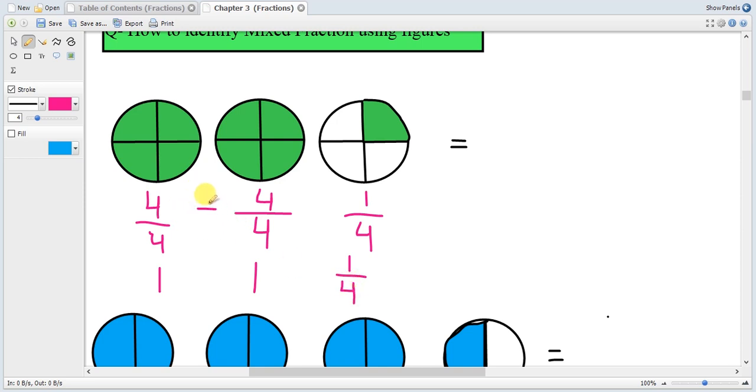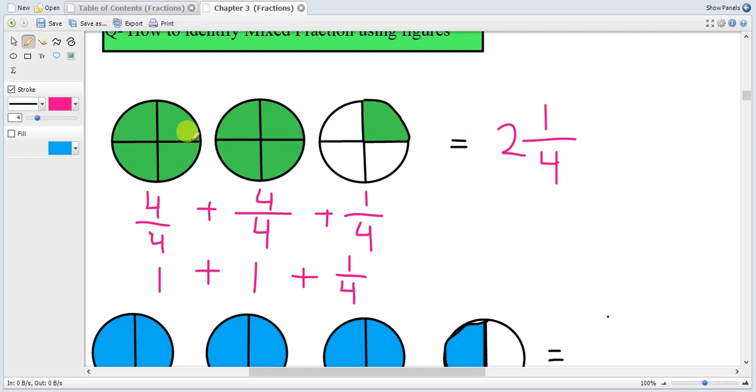Now all you need to do is add all of these numbers. So 1 plus 1 is 2, right? Since how many circles are there? There are 2 circles, and the third circle is not completely filled with green color. So how much of that circle is colored? 1 slice is colored out of 4 slices, right?